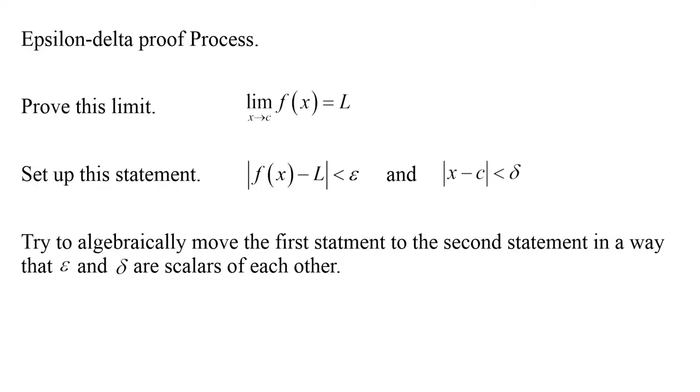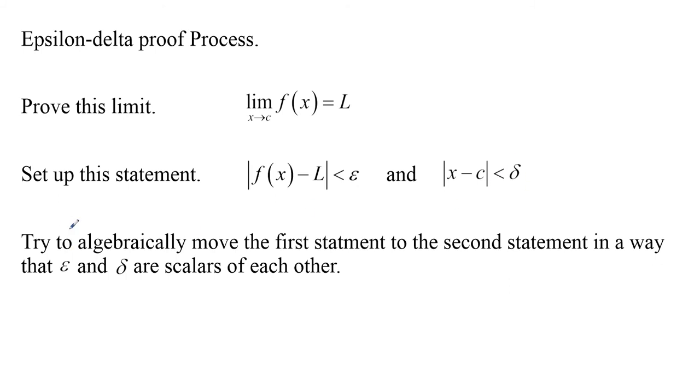Well, we're trying to prove this limit. This is our process here. We're going to set up two statements. First thing we're going to do is say let epsilon be greater than 0, and we're going to set up this statement: the absolute value of f(x) minus L, so we take the function and subtract whatever limit we're trying to find, is less than epsilon. And then we're going to take this x and subtract this constant c, and say that the absolute value is less than delta.